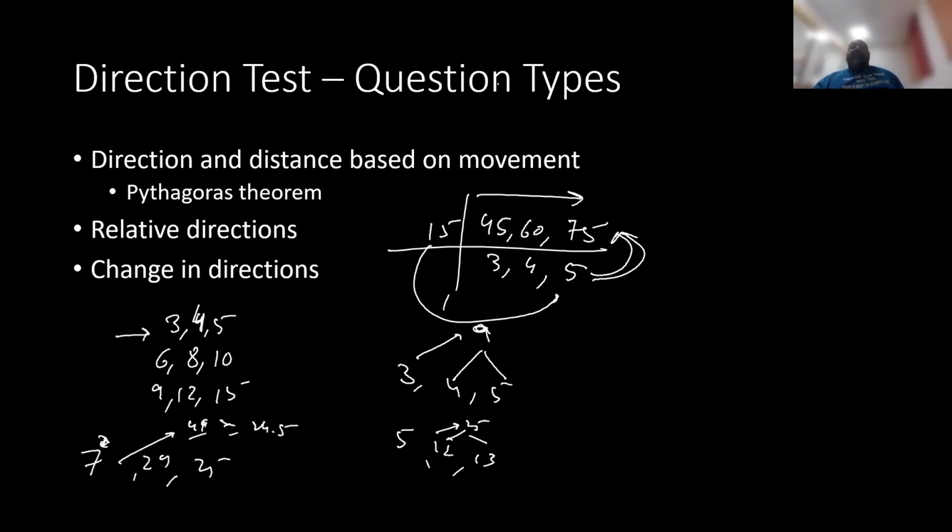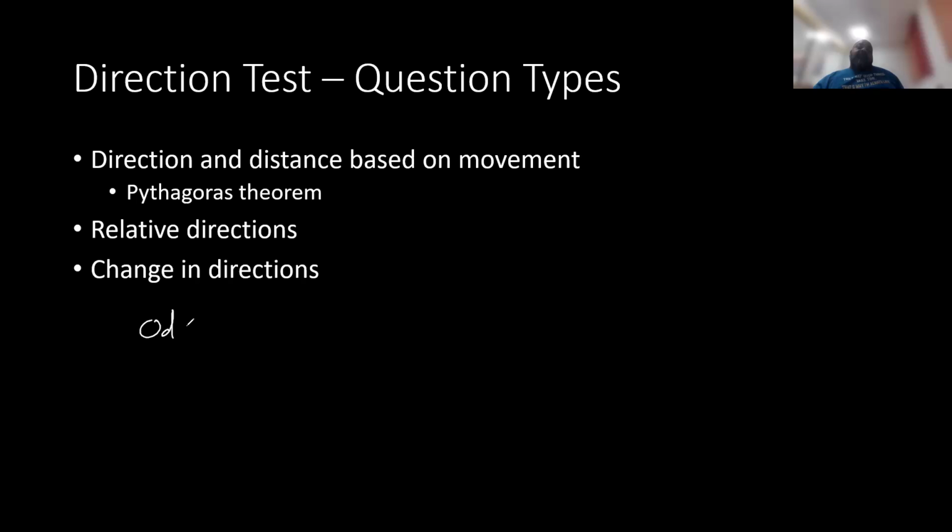So starting with any odd number, say x, I can complete a triplet by saying x square by 2 minus 0.5, x square by 2 plus 0.5. For 7, square is 49, by 2 is 24.5, minus 0.5, plus 0.5.